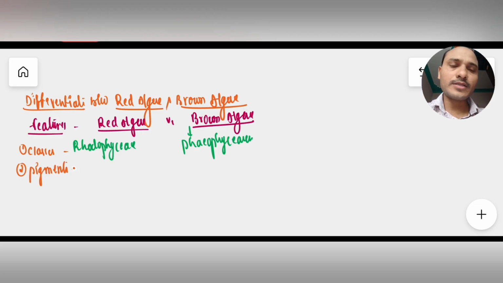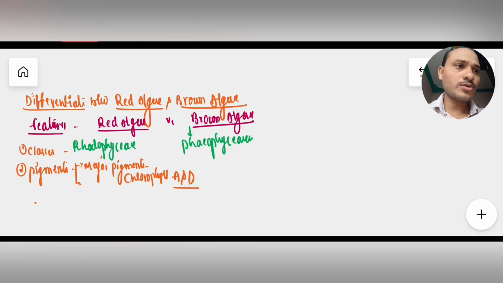The major pigments in red algae are chlorophyll A and D. In chlorophyll we have A to E, and A is universal. Other pigments are also present, such as the pigment R-phycoerythrin. Due to the presence of this pigment, the algae are red in color.